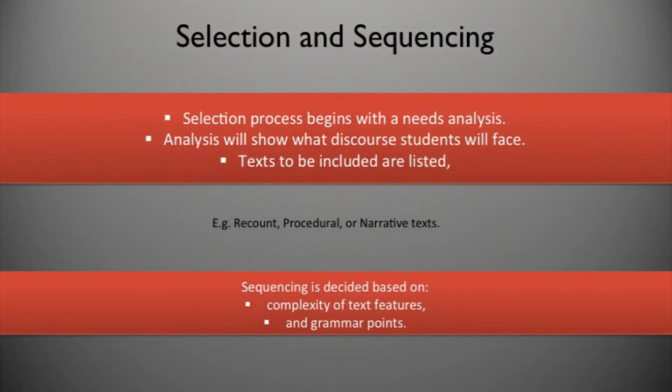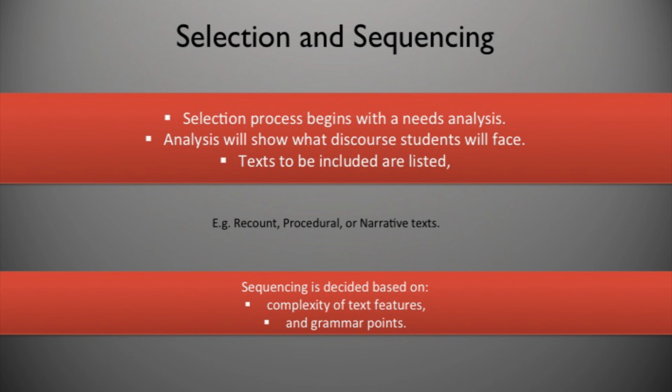Selection and sequencing process in developing this kind of syllabus. The selection process begins with a needs analysis, and then the result of needs analysis will show what students in this course will face and what texts need to be included.